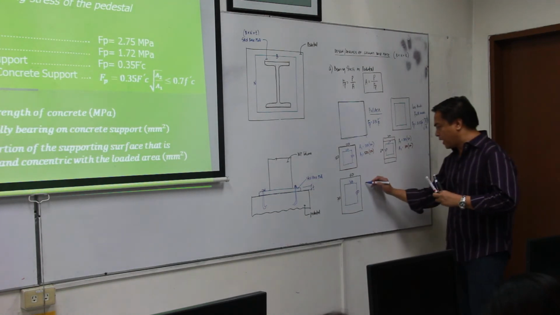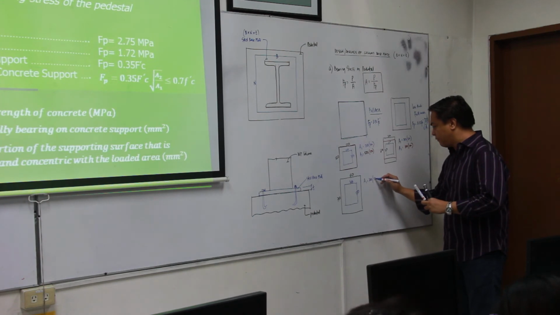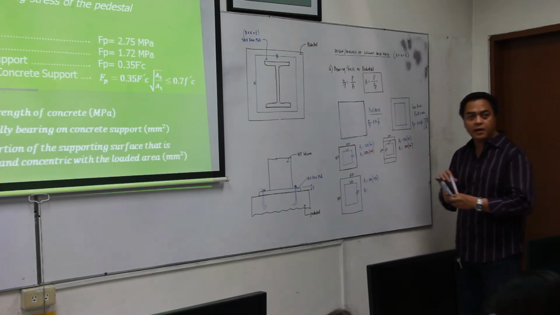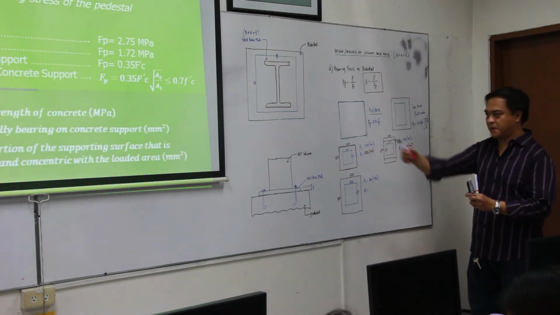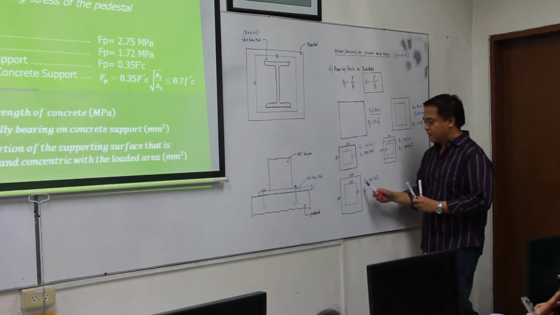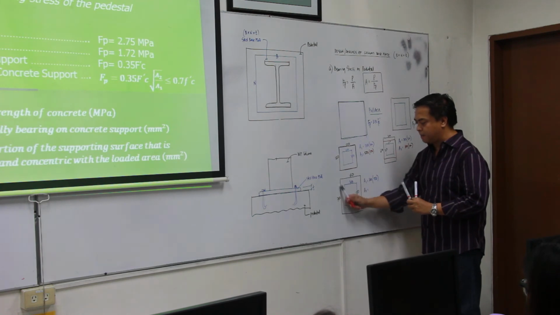So what is my A1? 300 by 550. Okay. What is my A2? What is our A2? Again, as per definition, A2 is the largest rectangle similar to this that we could have inside the pedestal.